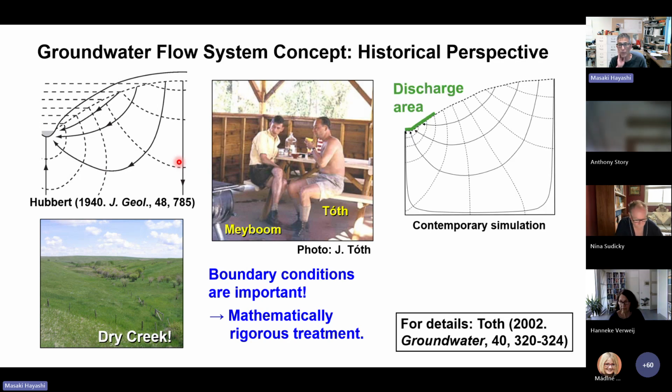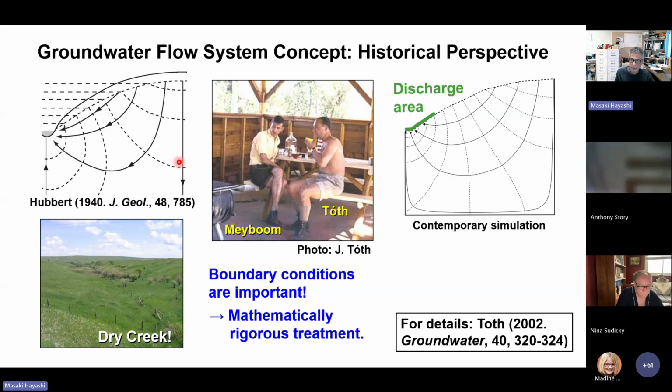And what he came up with is something that looks like this, using contemporary groundwater simulation. So instead of a point sink, there is a zone of discharge. There will be evapotranspiration loss from the ground and maybe a little bit of flow into the creek bed.